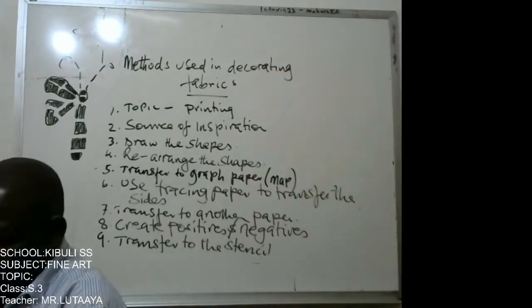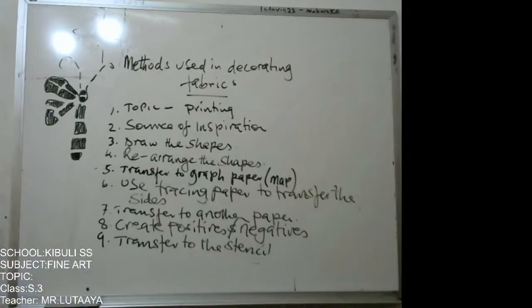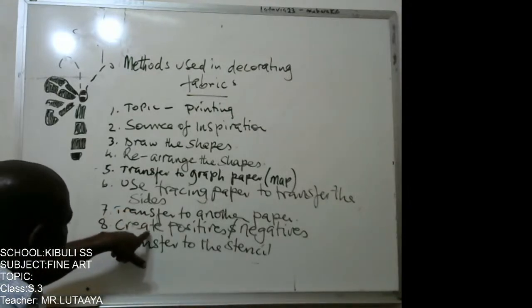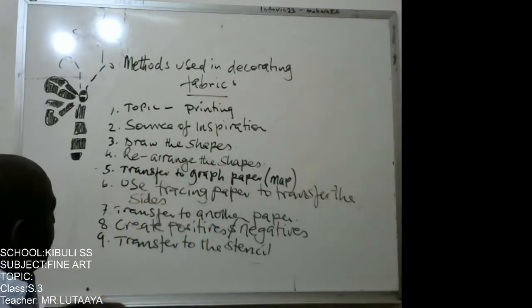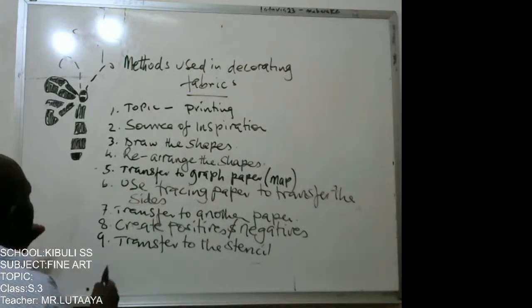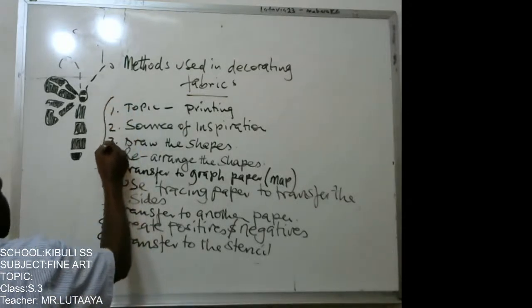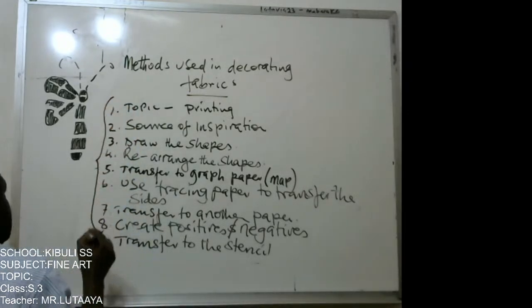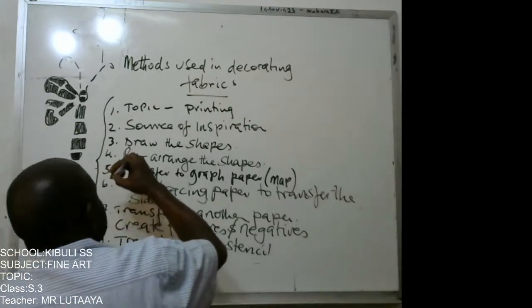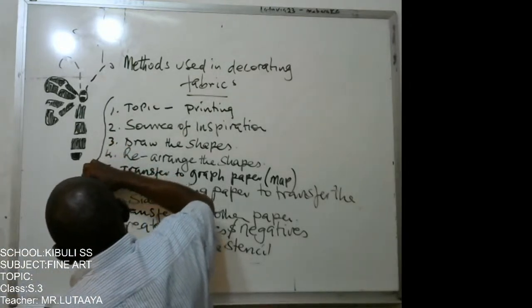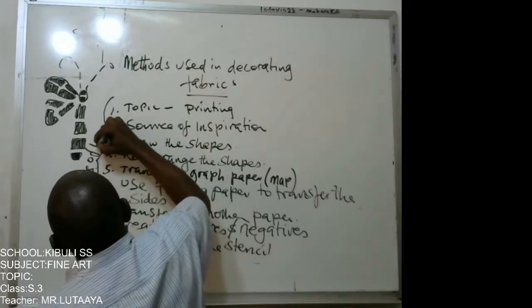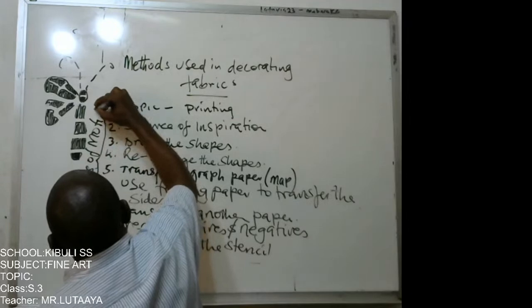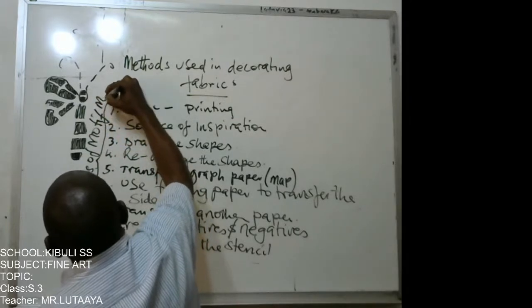Now, I want to have some demonstrations here. After creating your positives and negatives, the whole of what we have been explaining takes us to the process of motif making.